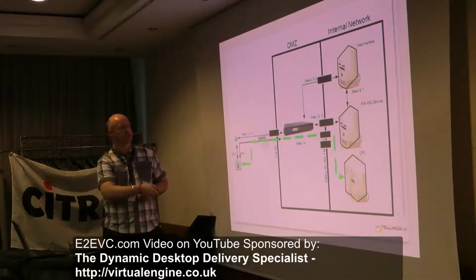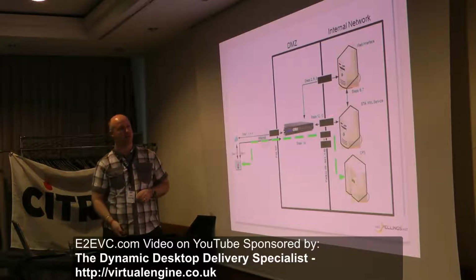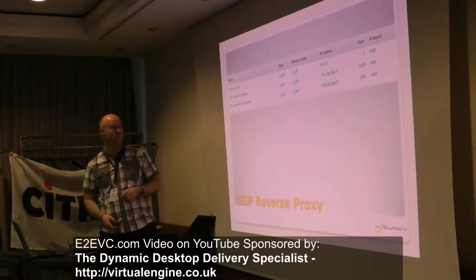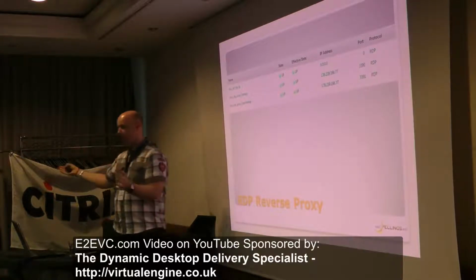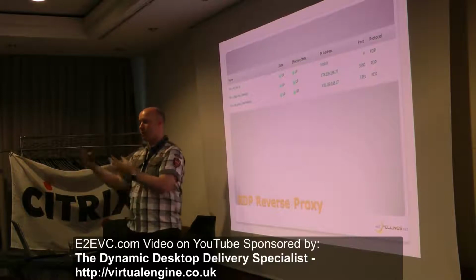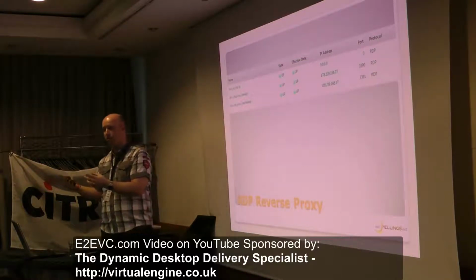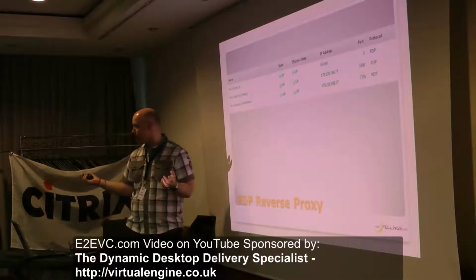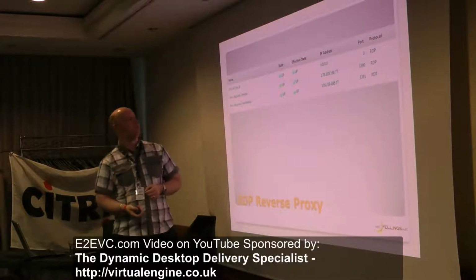You can use a NetScaler obviously to access it via Access Gateway, which we talked about. Another one I use is an RDP reverse proxy. So if I've got a whole bunch of kit sitting in an internal network, I don't want to expose RDP to the internet. I also don't want to give them all public internet IP addresses because they're quite hard to get these days because we're running out.